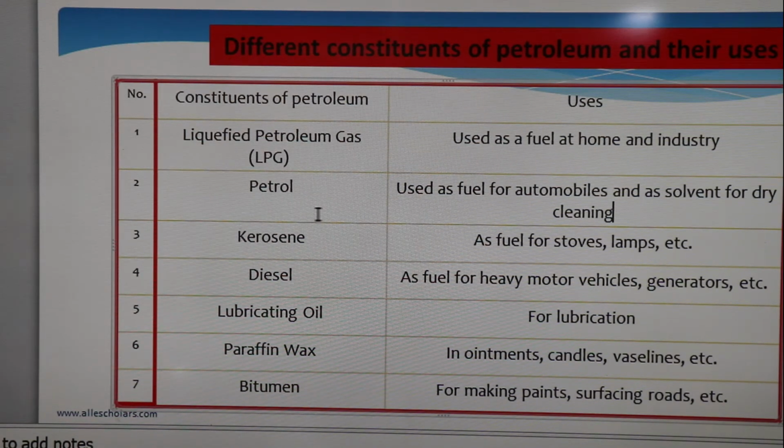Then next comes kerosene oil. Kerosene, as we know, is used for stoves, lamps, etc. at home. Earlier, when there was a scarcity of electricity, this kerosene oil helped a lot. People used to read and study by lamps only. Next constituent of petroleum is diesel. It is used as a fuel for heavy motor vehicles.